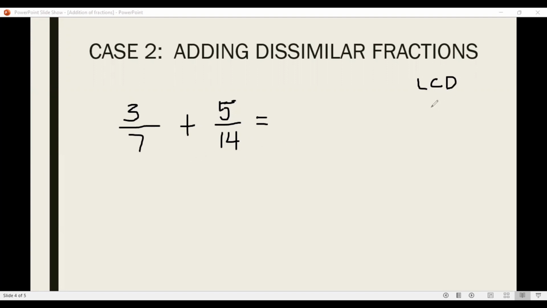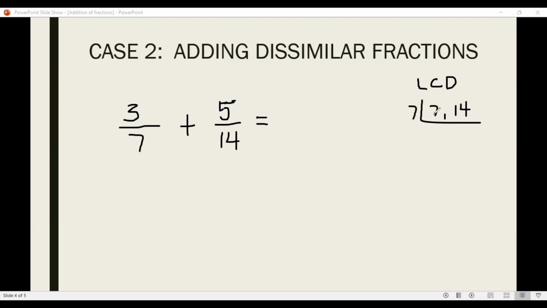So we can make use of our decomposition method, though for some you can actually look for a certain multiple of 7 and 14 that is common to them. So the easiest method is actually the decomposition method or the inverted division method. So just look for a number that can divide both 7 and 14.